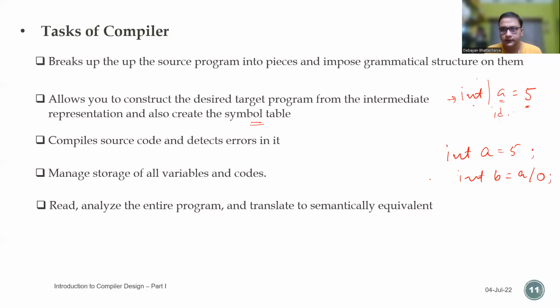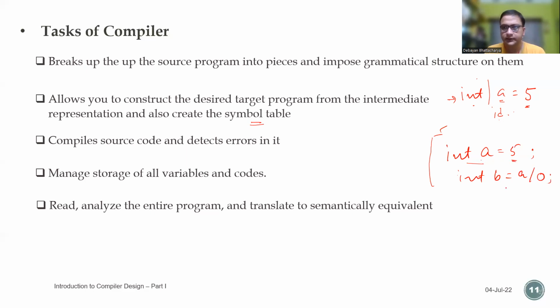Now these two sets of instructions are syntactically correct. That means they are grammatically correct. Why? Because as per the rules of the C programming language, whenever we use any particular variable, we need to declare it along with the data type. So we do it. We need to assign some value to that variable.